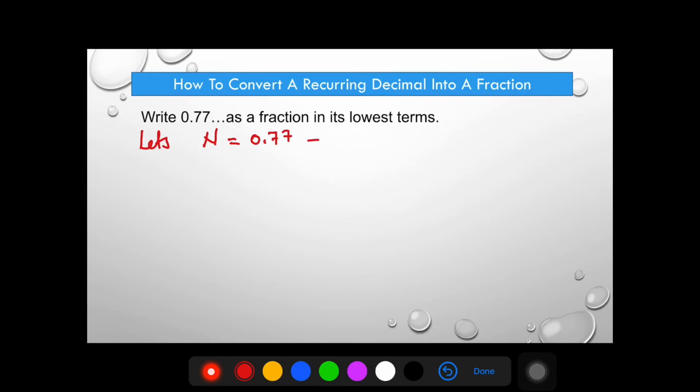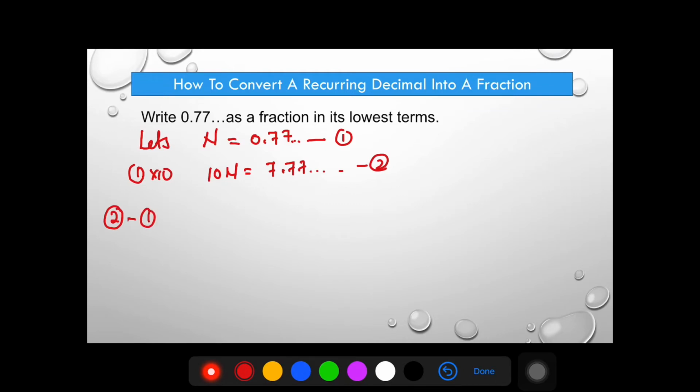If I multiply the whole equation by 10, it will become 10n equals 7.77 and so on. This is equation number 2. What happens if I take equation number 2 minus equation number 1?